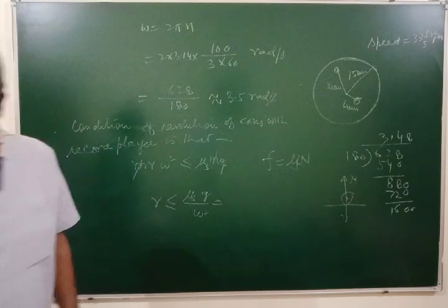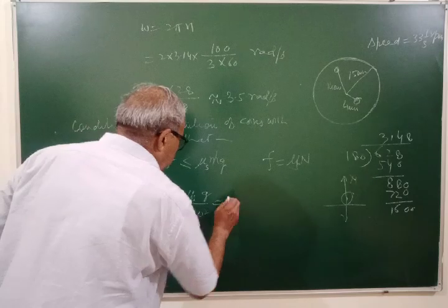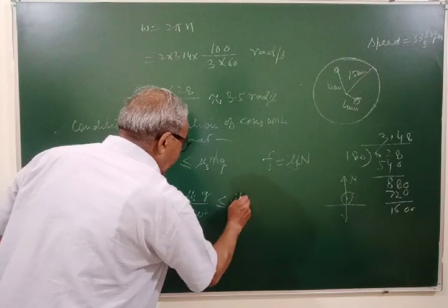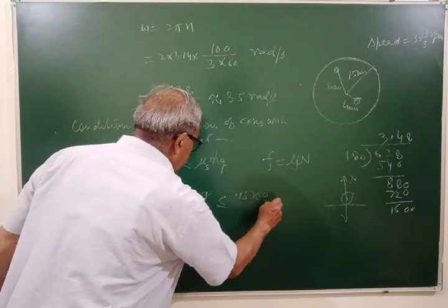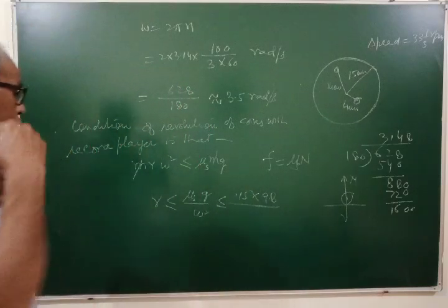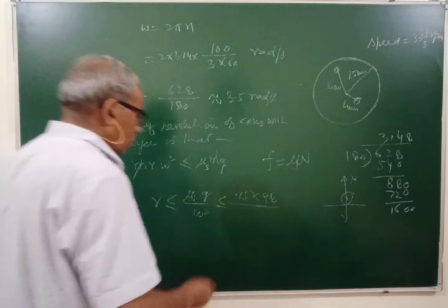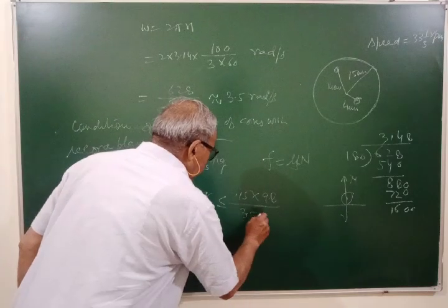Here mu is given as 0.15. So r is less than or equal to 0.15 into 9.8 upon 3.5 square. How to solve 3.5 square? 3.5 into 3.5.